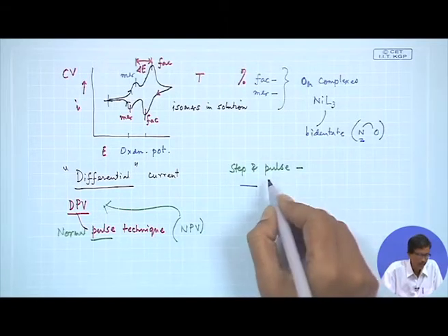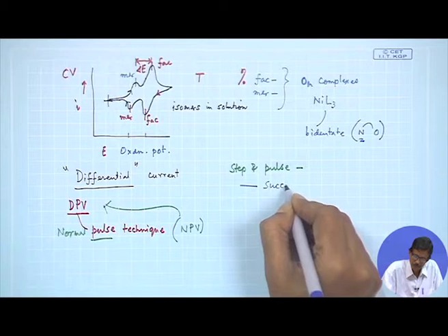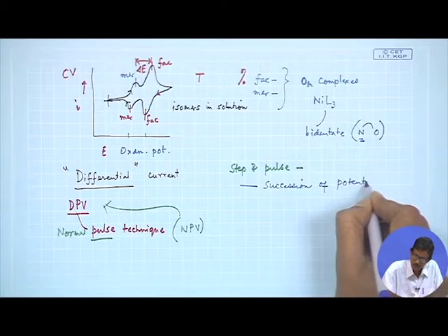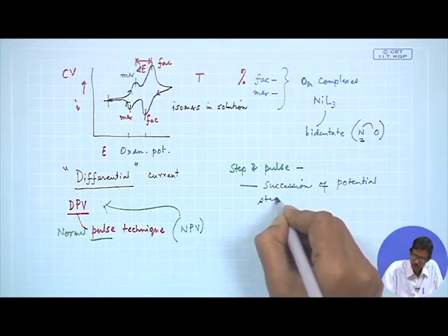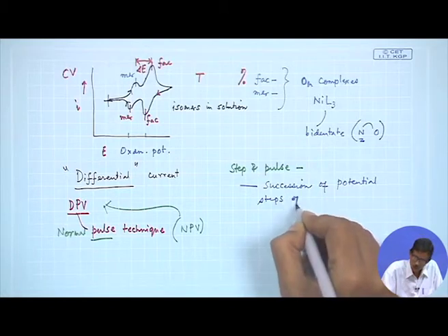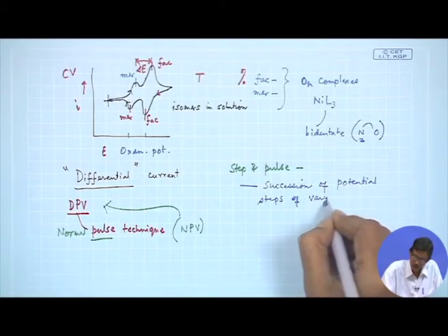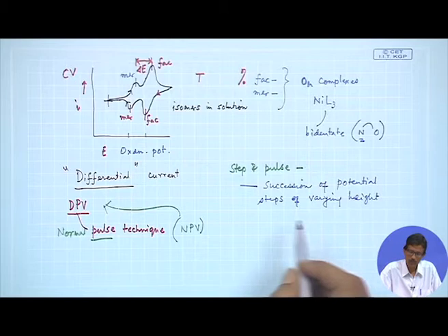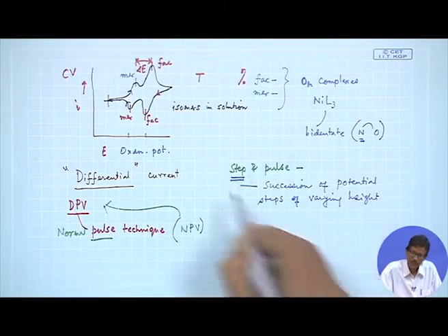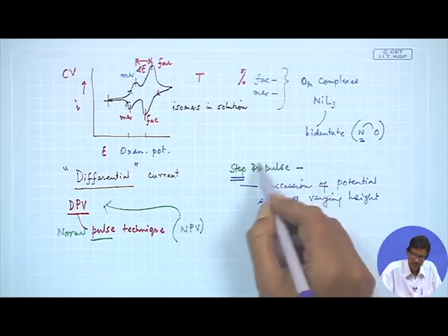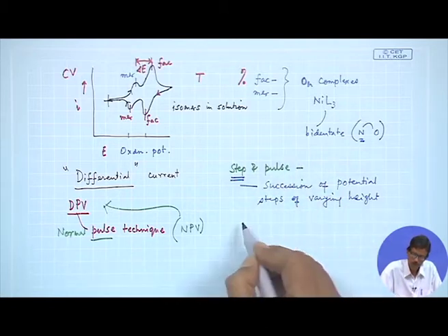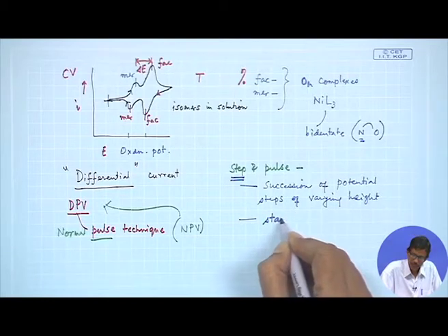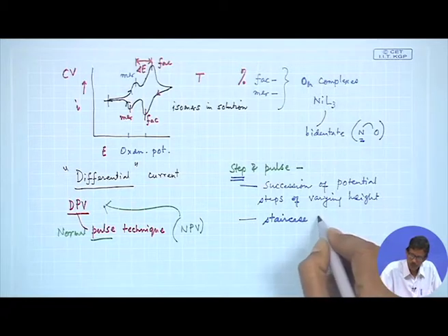We have a succession of potential steps, of varying heights. That basically gives you the shape of these different steps, and next we get the corresponding pulse. So, it is not a continuous one, it is a pulsed one. So, what we get there is a staircase waveform.